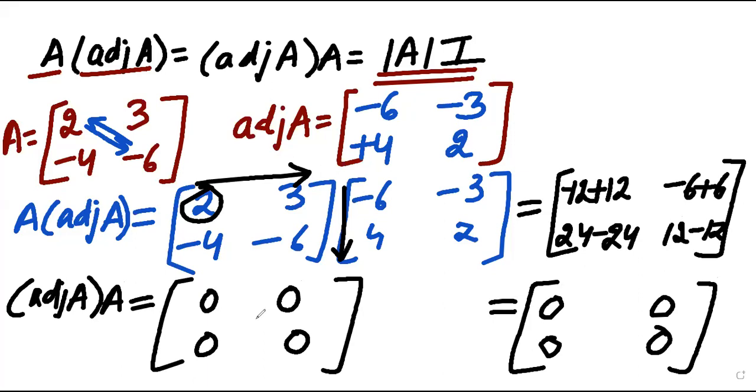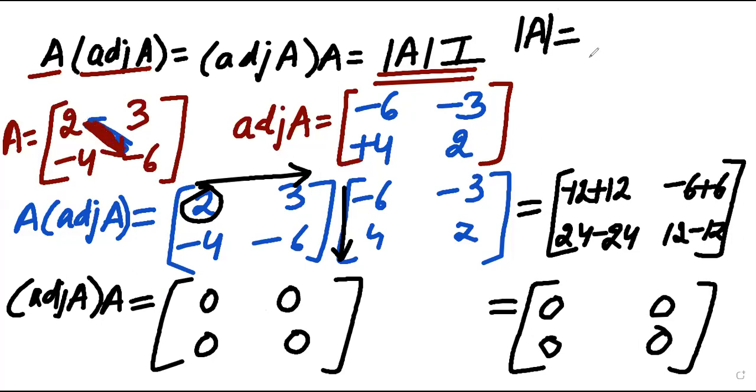Now, next step is to prove that it is equal to determinant of A into identity. Okay. So let's see how to multiply this A into identity. I am telling you, this is determinant of A. What is determinant of A? To multiply these values, and then take the subtract sign.